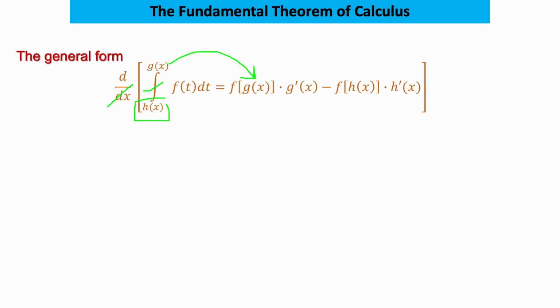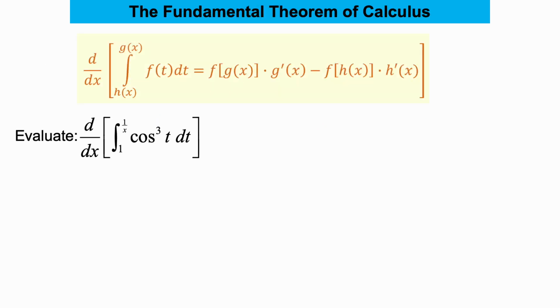And also, we replace the lower bound function multiplied by the derivative of that function. So, in brief, we can say f of up times the derivative of up minus f of down times the derivative of down. Let us take some examples.